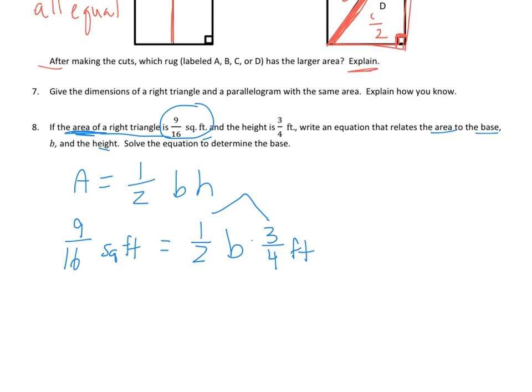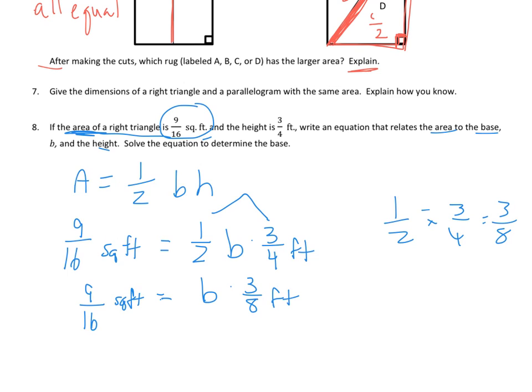And I know multiplying 1/2 times 3/4 is going to get me 3/8 because I just multiply numerators, then multiply denominators. So 9/16 square feet equals B times 3/8 feet.